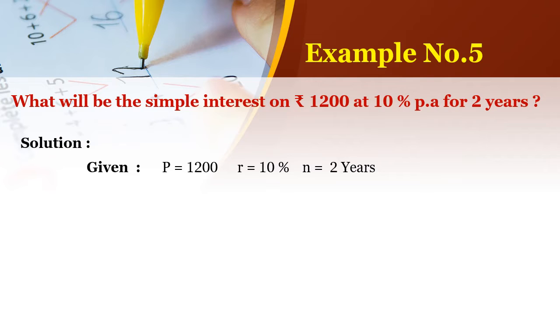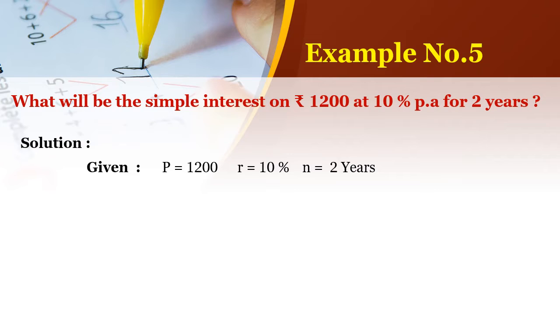Here n is already given in years, so there is no need to convert it. If it is given in months, then we convert it into years. If it is already given in years, you don't need to convert it again.